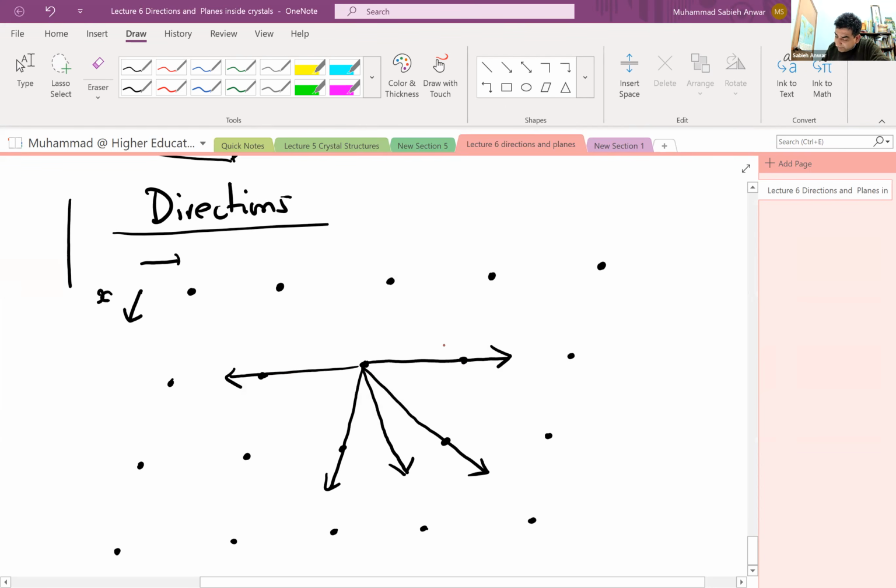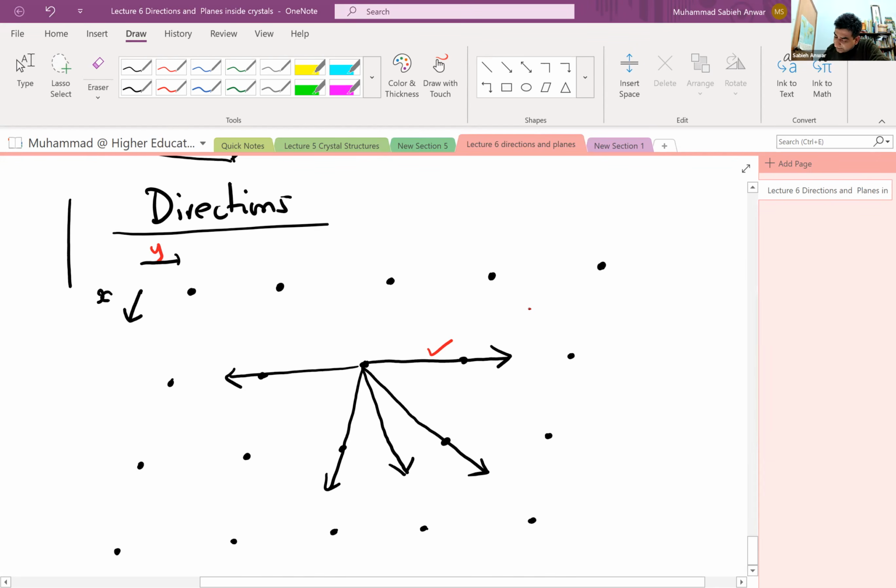If I look at this arrow here, in order to specify this direction, what do I need to do? If I move along the x-axis by 0 units and along the y-axis by 1 unit, I've actually followed the direction that I've earmarked.